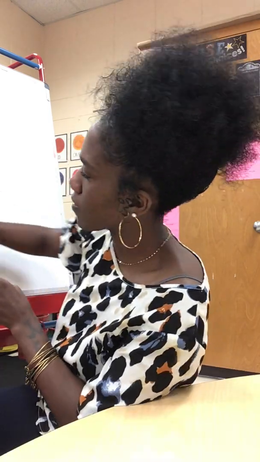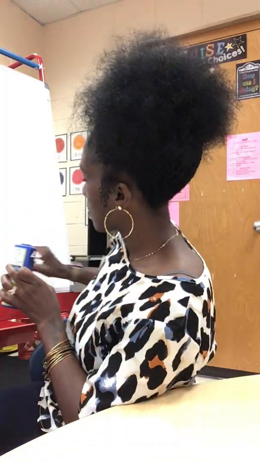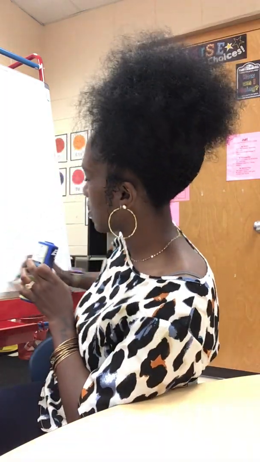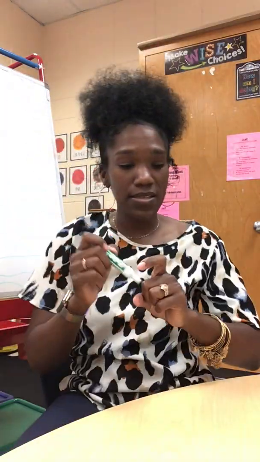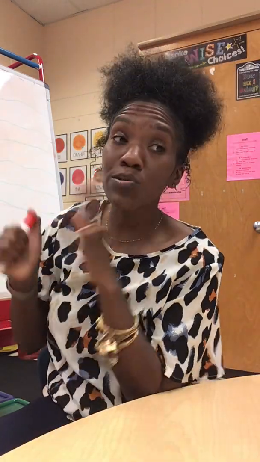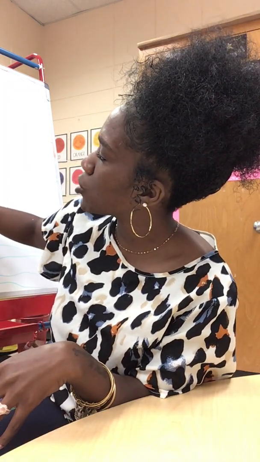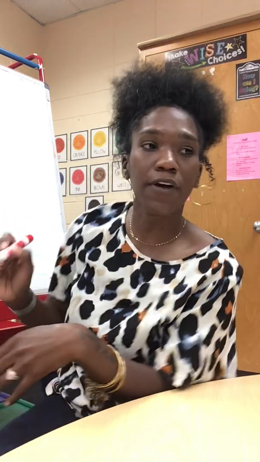Which one? Yes. My birthday is June 11th. Okay, who said their birthday was June 11th? Zoe? All right, so Zoe, we're going to use stars to represent our birthdays. So Zoe said her birthday was June 11th, so we're going to put a star there for her.